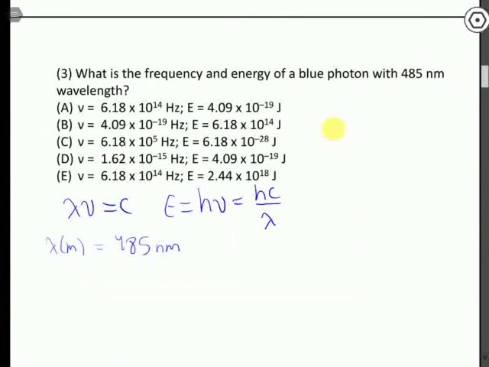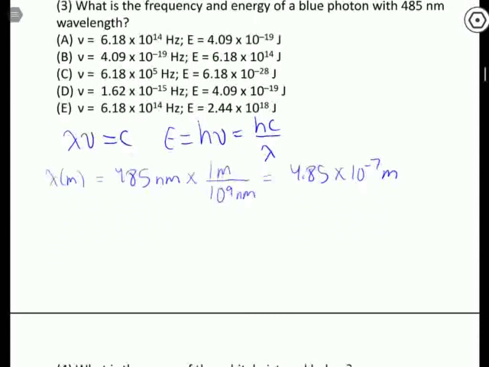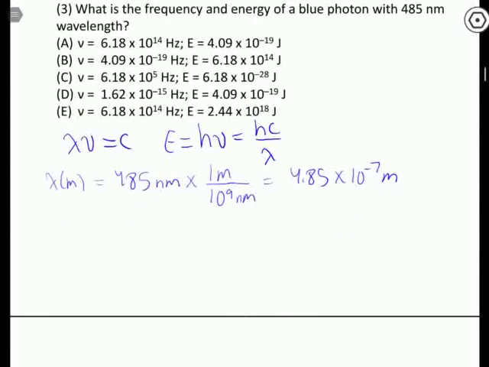So it's 485 nanometers, and remember nano means 10 to the minus 9, so there's 1 meter per 10 to the 9th nanometers. A nanometer is 10 to the 9th smaller than a meter, which means we can convert this to 4.85 times 10 to the minus 7 meters. That's our wavelength, and then we're going to use these two equations to find the frequency and energy.